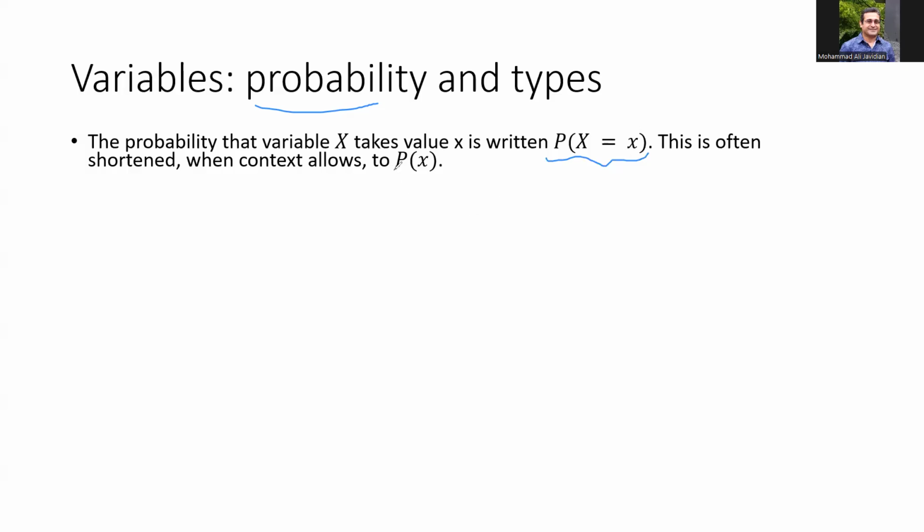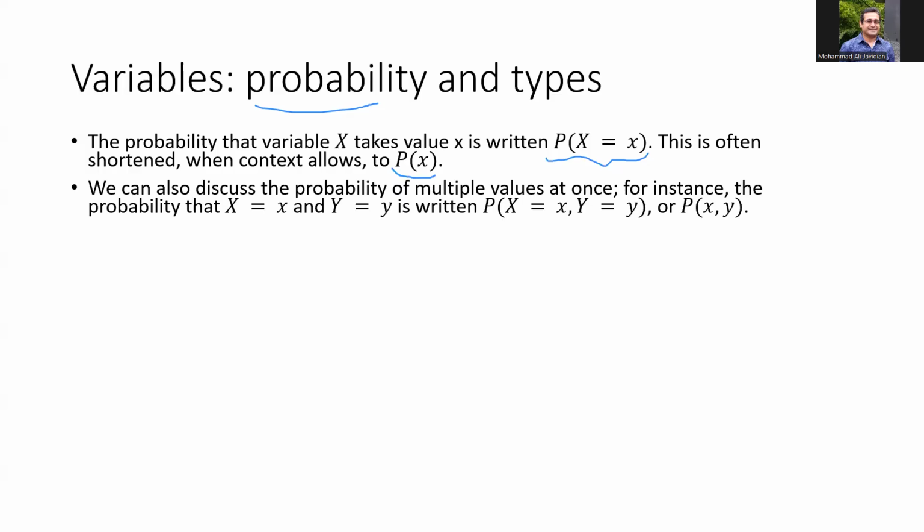And sometimes, if there is no ambiguity involved, we simply write it down as P of x, lowercase x. In many cases, in data science, the number of variables that we consider is more than one.